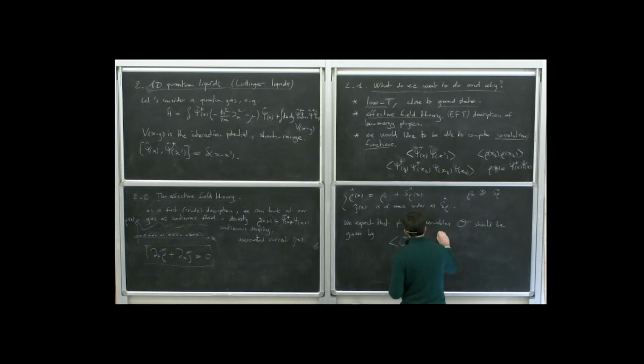So we want to think of them as coming from a path integral, where we would integrate over all configurations of rho and j, our observable O times exponential minus S, where S is some action that we don't need to know in detail.